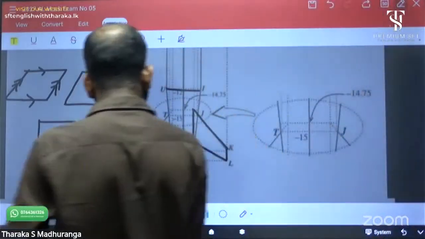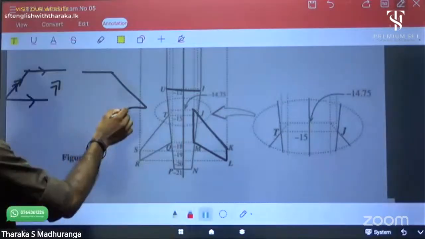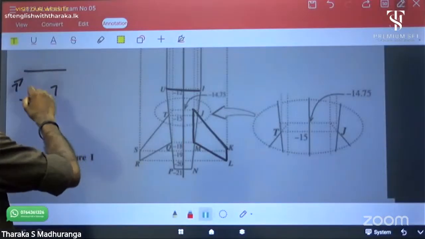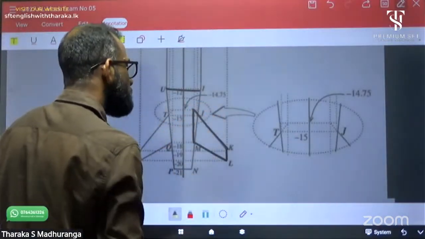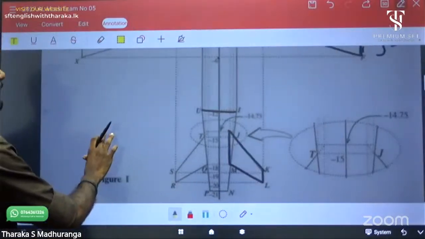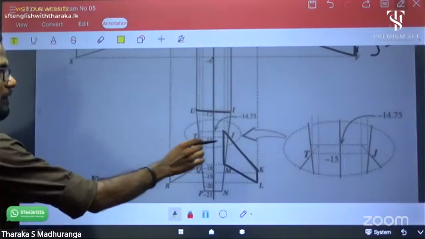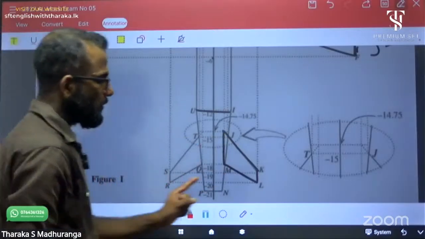I can't calculate JKLM directly, but I can calculate the area of this entire trapezium.